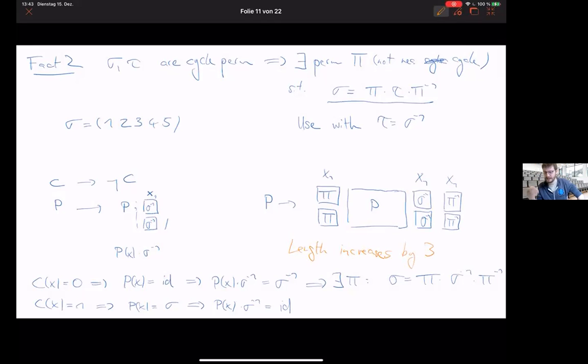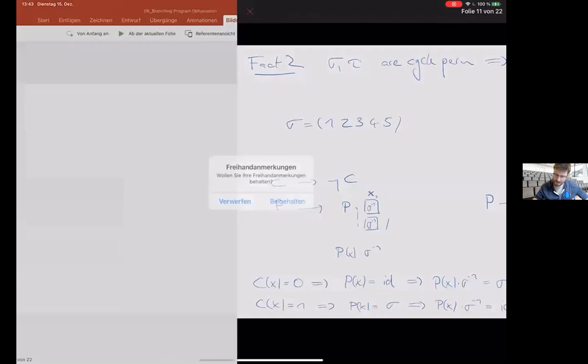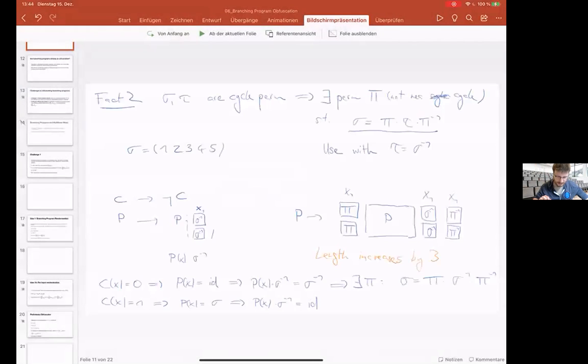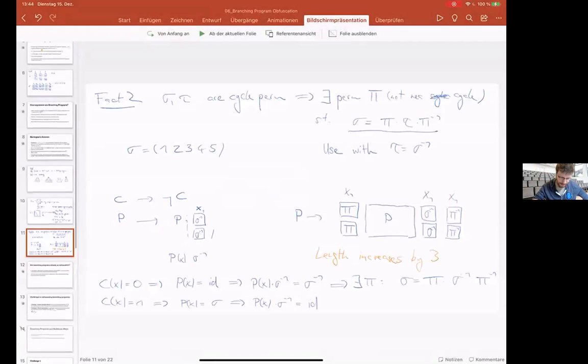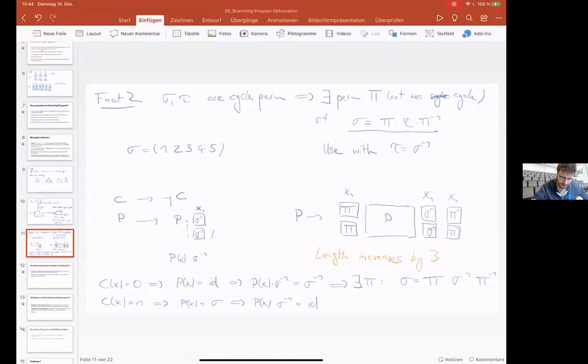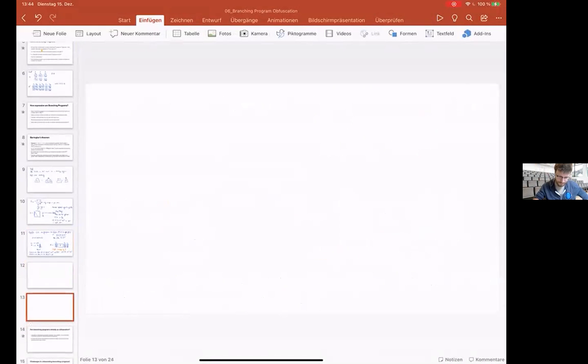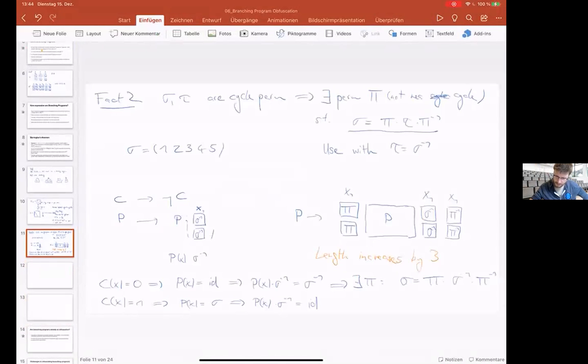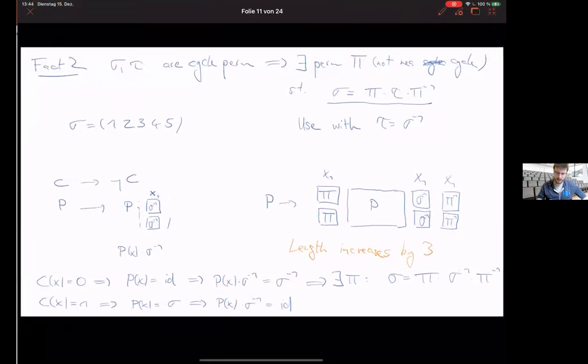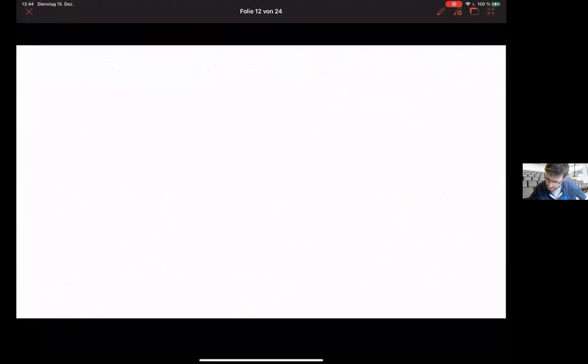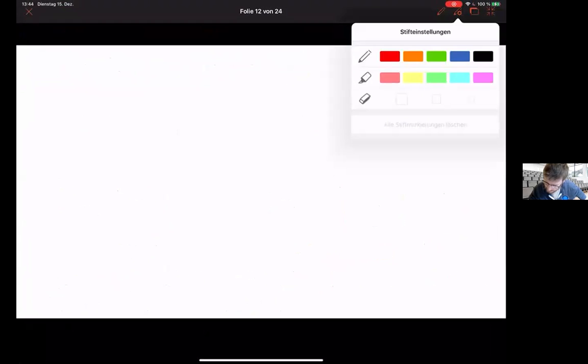It only increases the size of the branching program additively by 3. So now I need to introduce an extra slide. Let's maybe make already 2. Okay, good, because I ran out of space, I was expecting to write smaller.